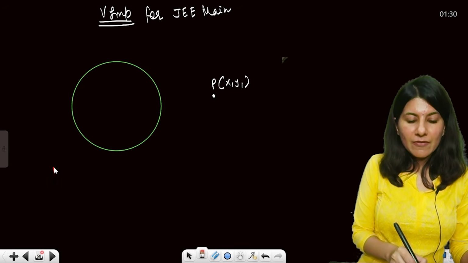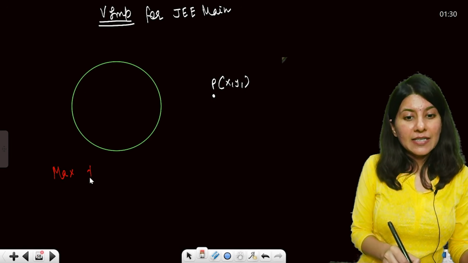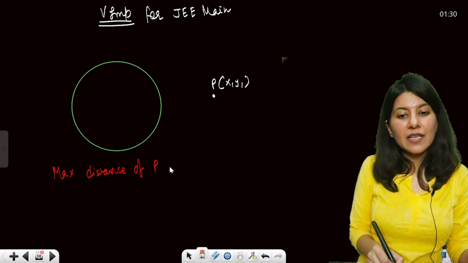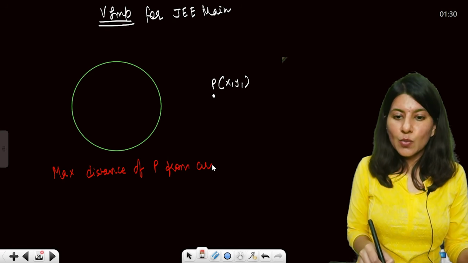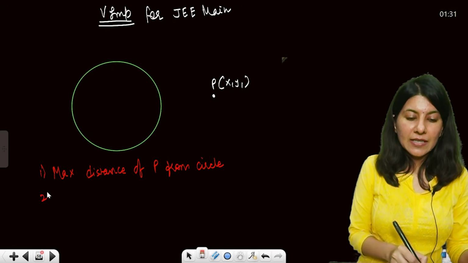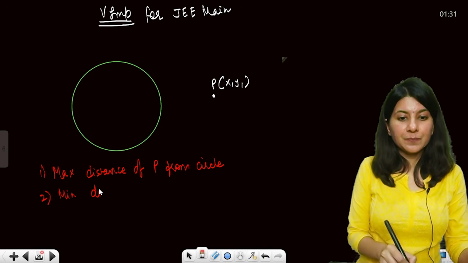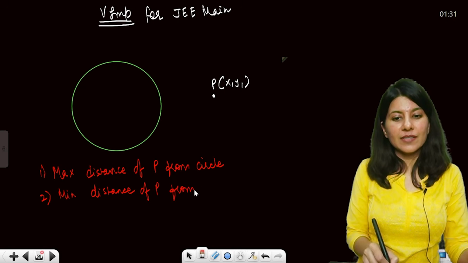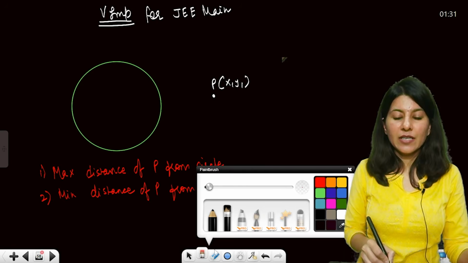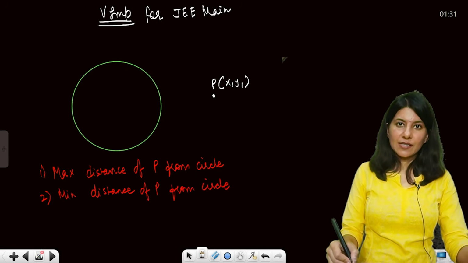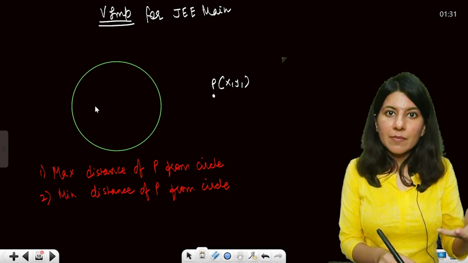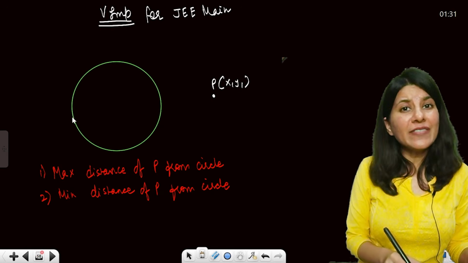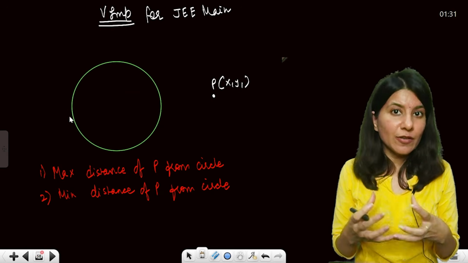So basically, we are looking for the maximum distance of P from the circle, and first, the minimum distance of P from the circle, right? Okay. So how to tackle this? First of all, the maximum or minimum distance always lies along the common normal of the circle.